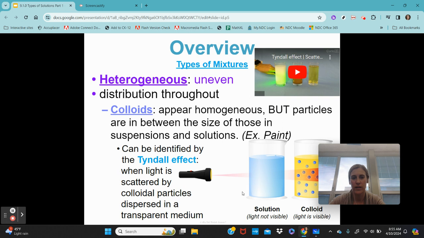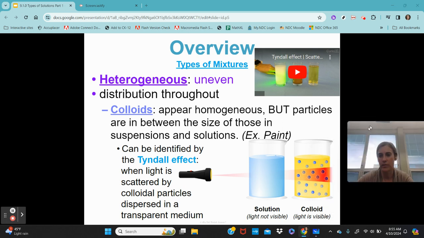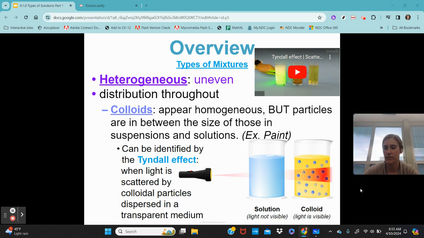So the Tyndall effect, the light gets scattered. If you think of something we're all familiar with on a dark night that might be foggy, and your headlights kind of scatter and create this pattern of light, that is definitely a colloid.